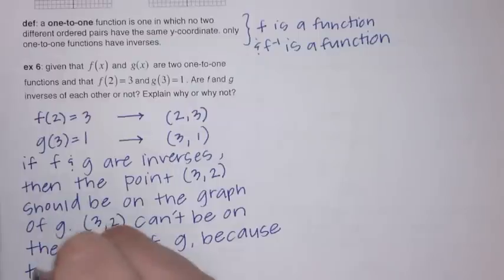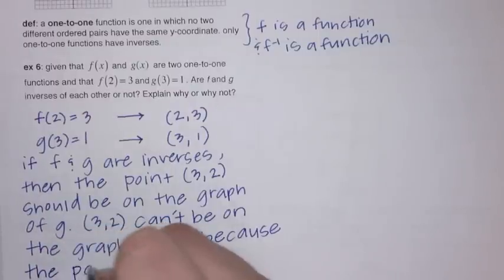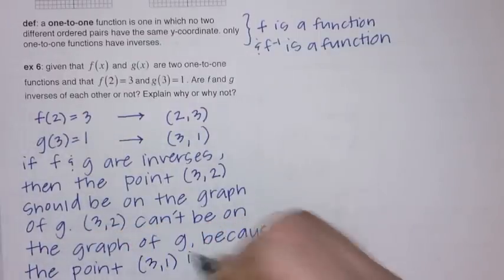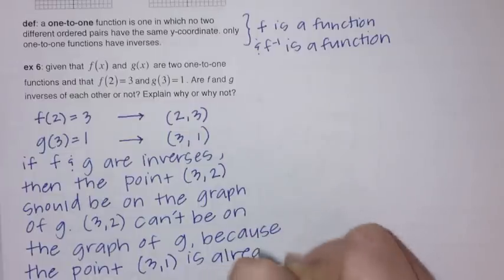because the point (3, 1) is already on the graph of g.